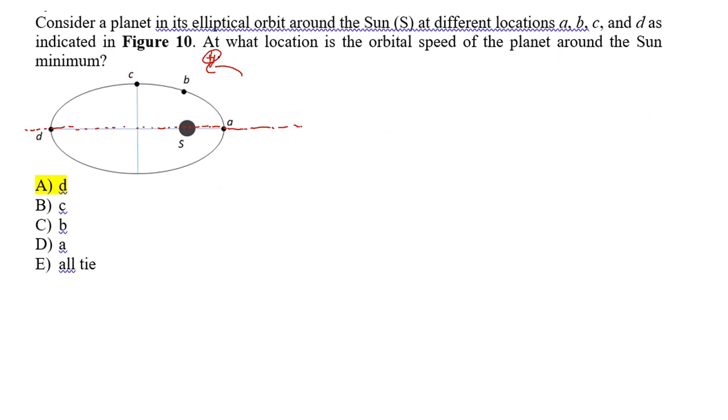Here I will not look at that. Let's assume that the planet is rotating in the negative direction, clockwise. Now my question is this: in which quadrant is my planet accelerating?